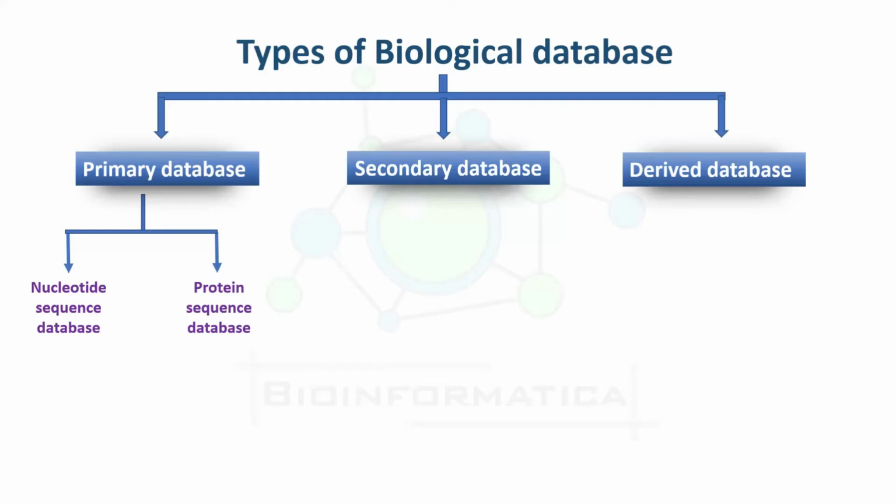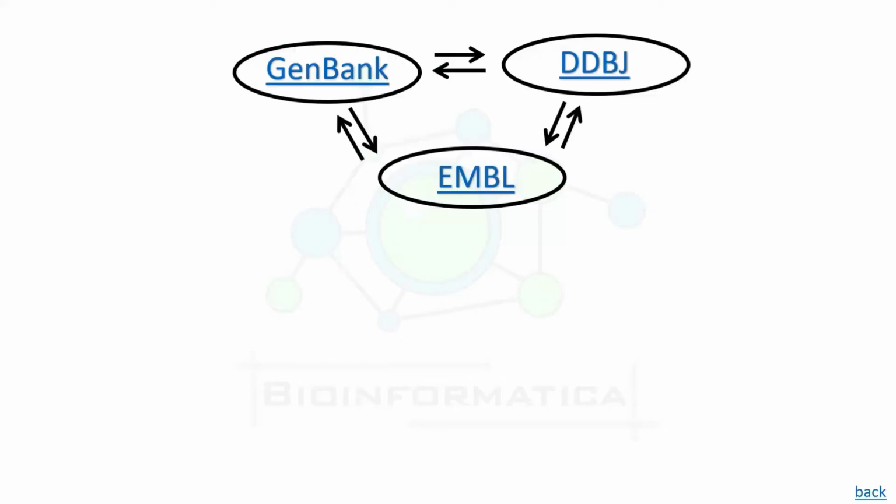Starting with primary databases, differentiated as nucleotide sequence databases and protein sequence databases. A few examples of nucleotide sequence databases are GenBank, DDBJ, and EMBL. These three include sequences submitted directly by scientists and genome sequencing groups, and sequences taken from literature and patents. All published nucleotide sequences are requested to be deposited in one of these three databases. Data are exchanged among these three databases on a daily basis.